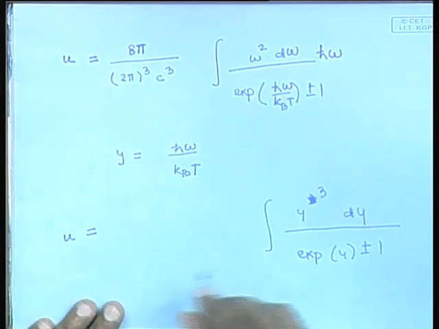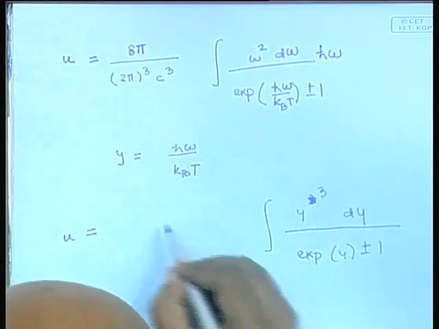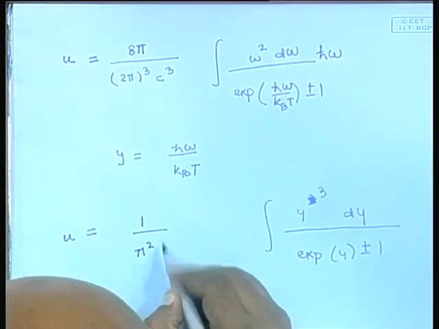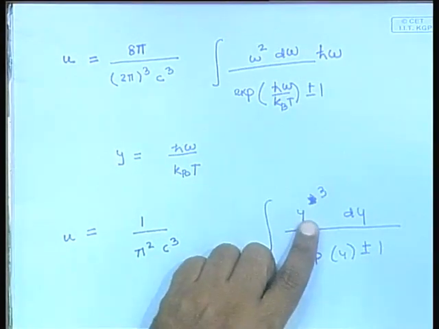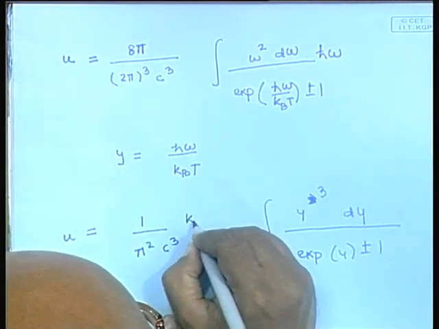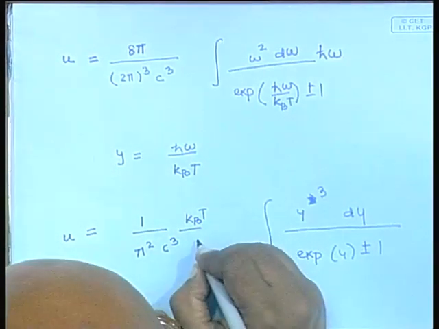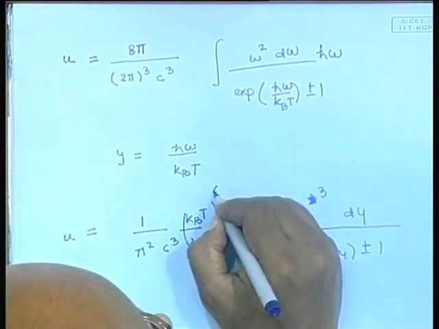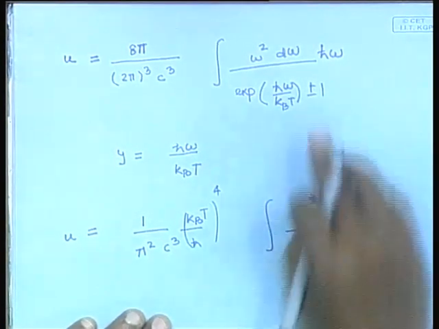and let us get the factors correct outside. So, we have 8 pi, here also we have 8 pi cube. So, we have 1 by pi square c cube, and we have to put kBT by h cross to the power of 4 to compensate for making this y, and we already had a h cross.